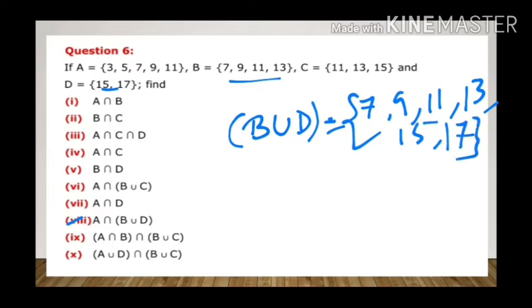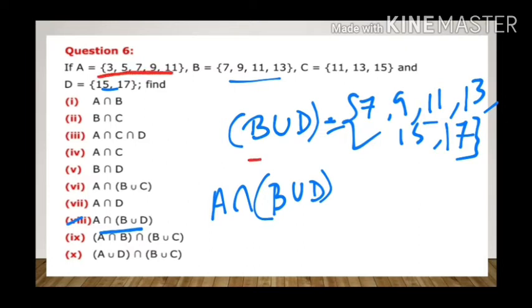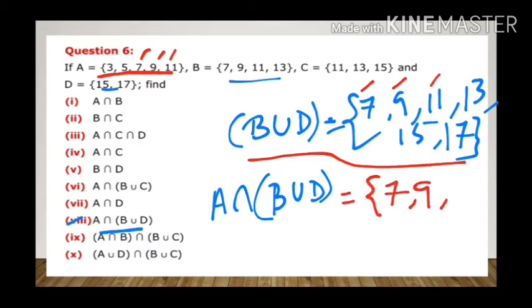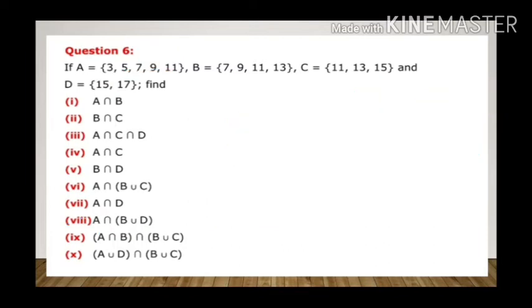Now A intersection (B union D) means the common elements of A and B union D. The common are 7, 9, 11. Okay, so this set contains 7, 9 and 11. Done.